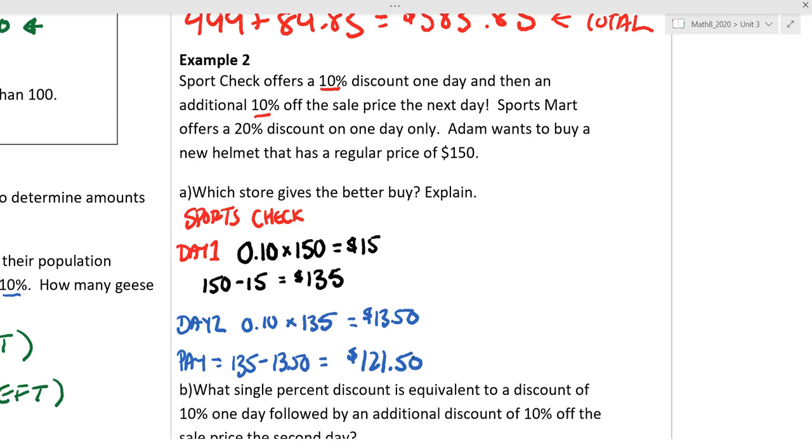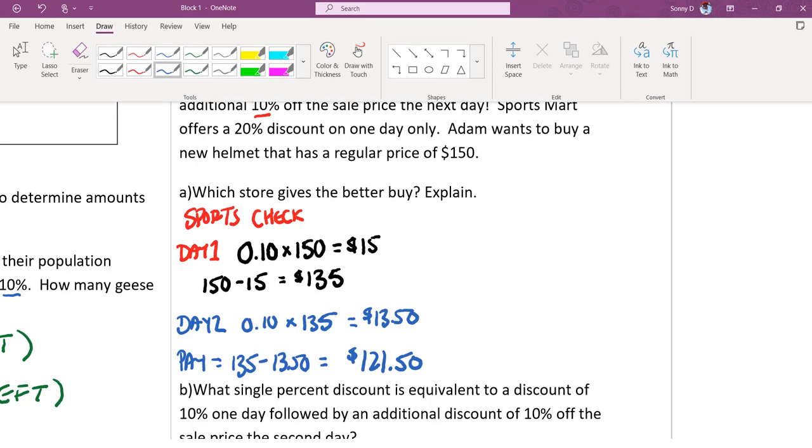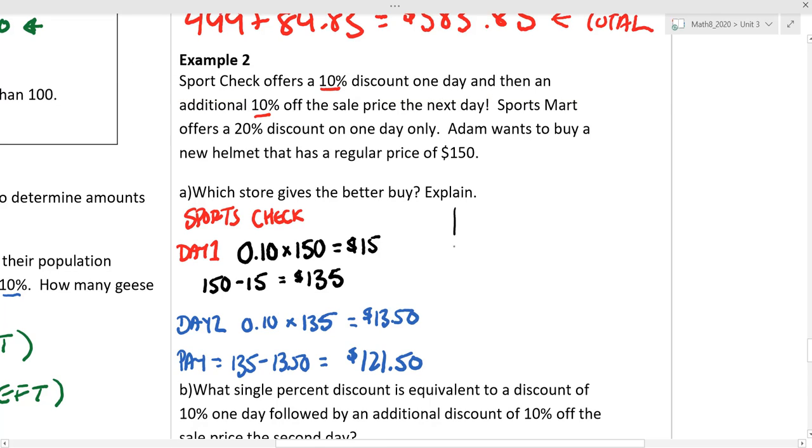Okay. So now we need to determine the price at SportsMart. And this is a much easier calculation to do. We don't know if it's a better deal yet. They're saying we're giving you a straight up 20% off. So SportsMart's price is 20% off, which is 0.2, times the price of the item, which is 150.